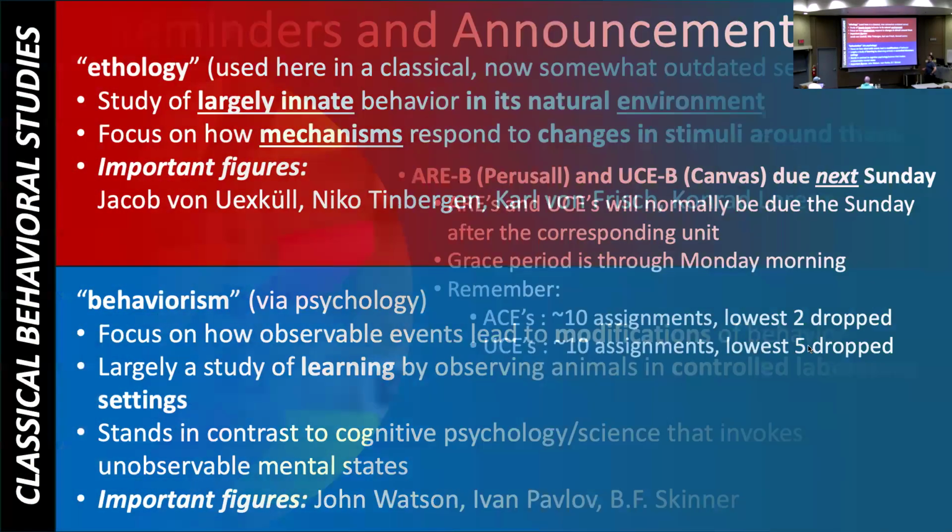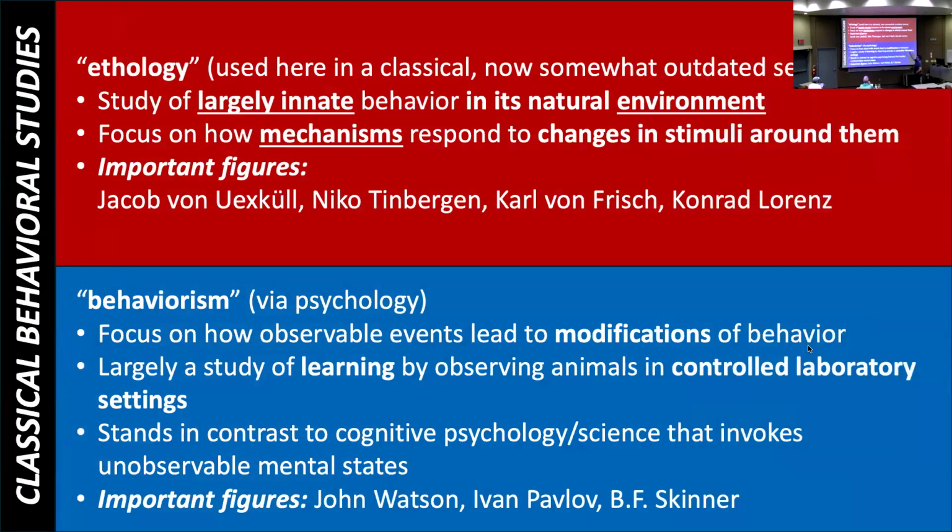Okay, great. So catching up, last lecture we talked about how there's ethology and behaviorism. Ethology was a term that came out of biology, focusing on largely innate behaviors, behavioral responses to the environment, as opposed to behaviorism, which came out of psychology and focused on how the animal might change in response to its experiences.